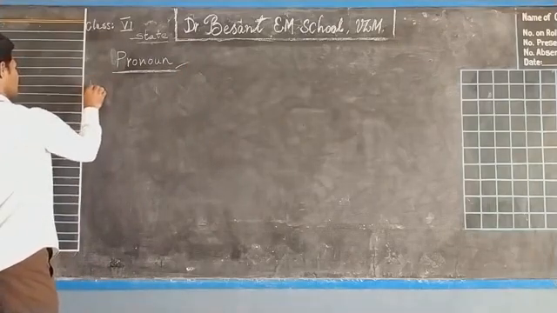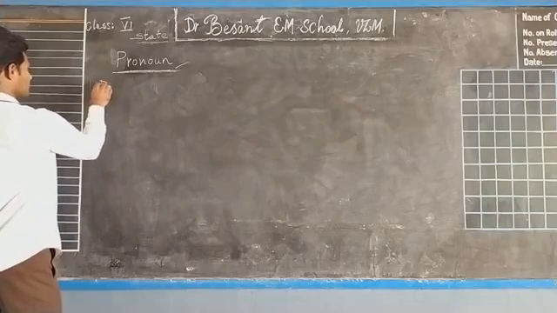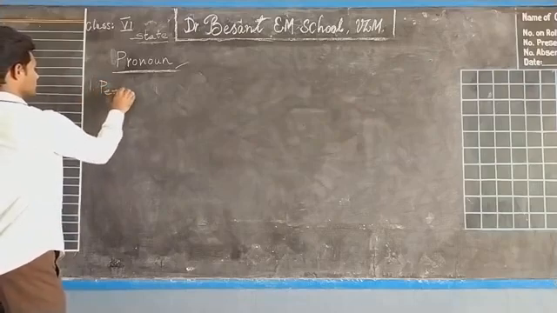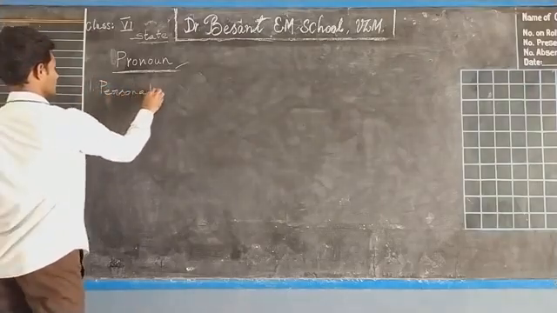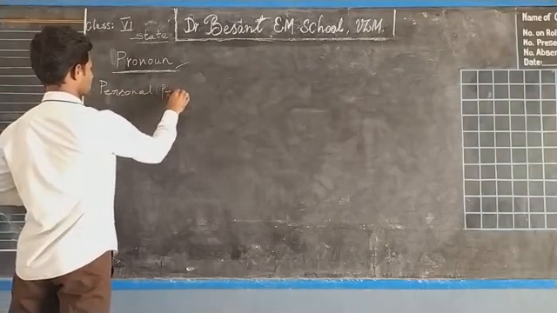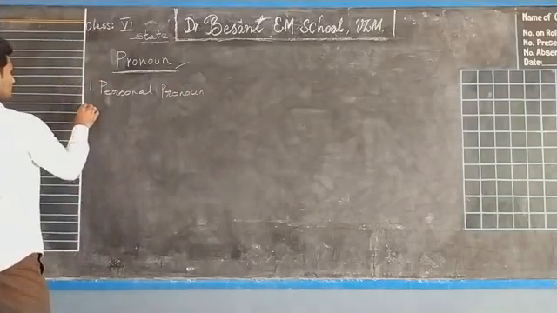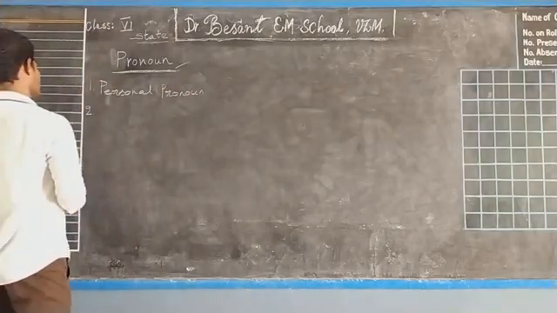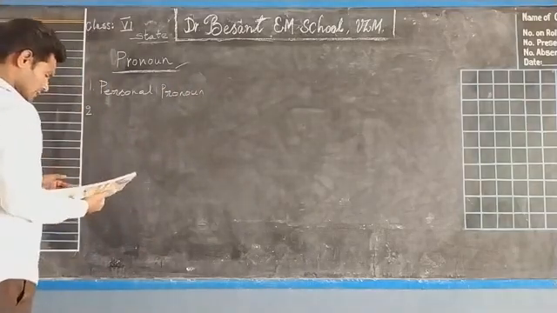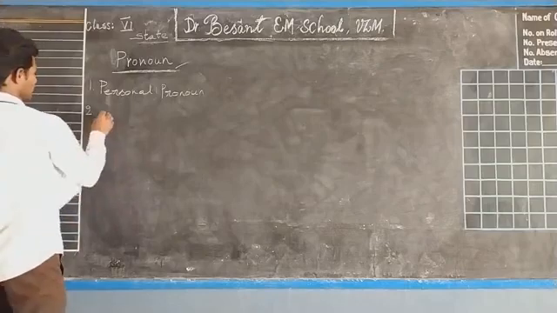We have around 8 kinds of pronouns. The first one is personal pronoun. The second one is possessive pronoun.